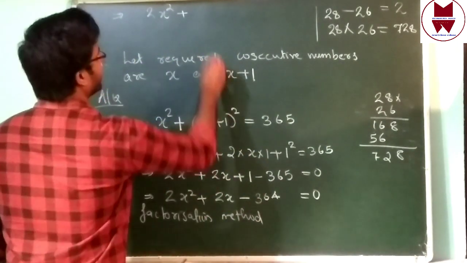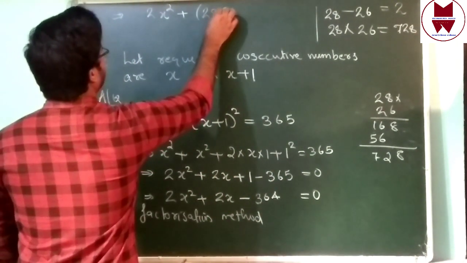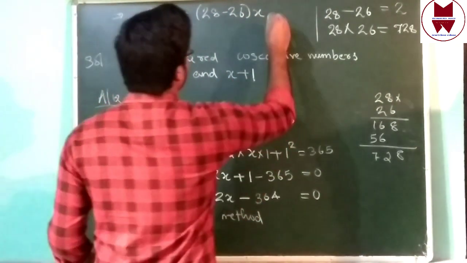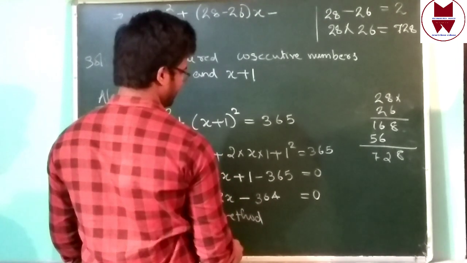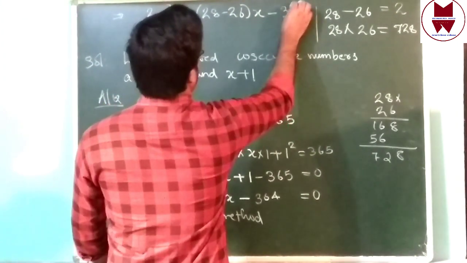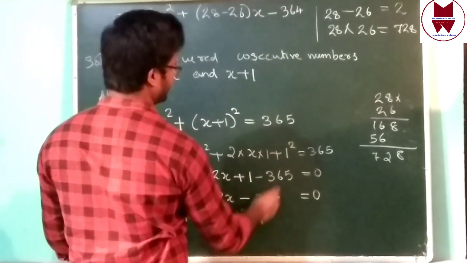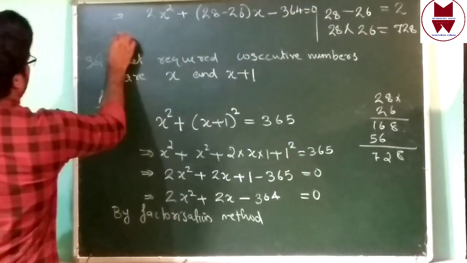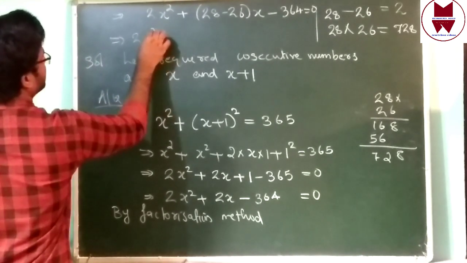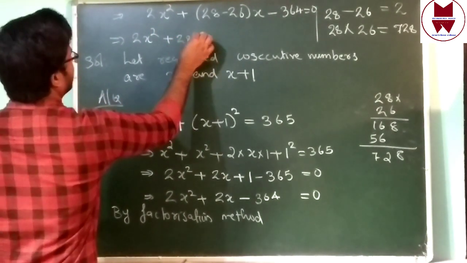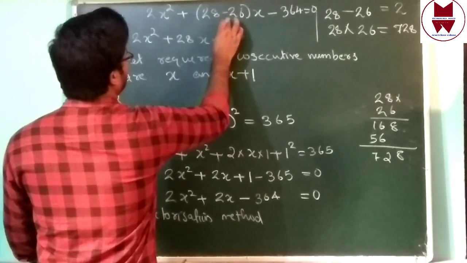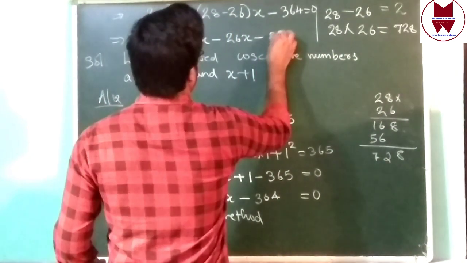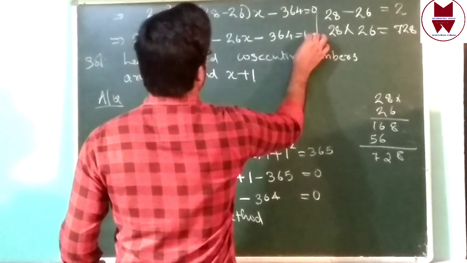Plus 2 we can write as 28 minus 26. 2x square plus 28x minus 26x minus 364, right as it is. Remove bracket: 2x square plus 28x minus 26x minus 364 equal to 0.